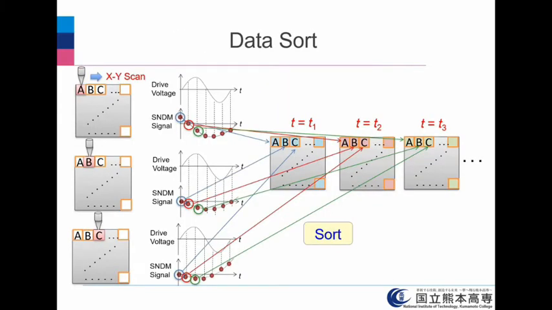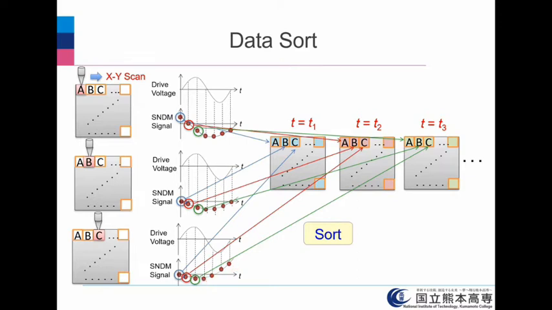Here shows the data sorting. At each point, we collect the output signal. At point A, we get those data and move to the next point B. At point B, we also measure those data and then move to C, and we get those data.